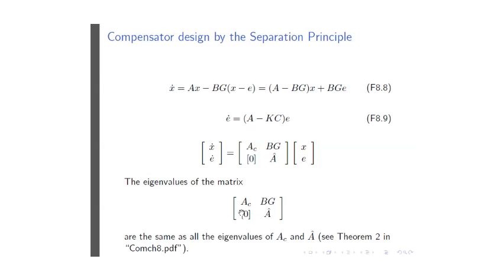So in other words, either this one or that one. If either of those matrices is a zero matrix, then the eigenvalues of the whole matrix are simply the eigenvalues of A sub c and A caret. Or in other words, the eigenvalues of the whole matrix are simply the eigenvalues of the 2 diagonal submatrices.